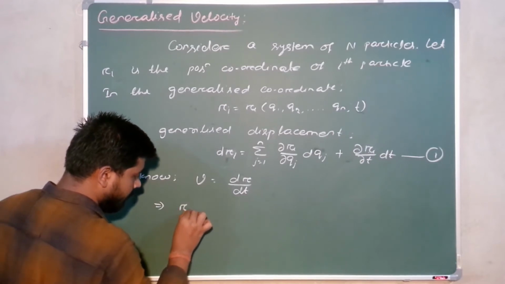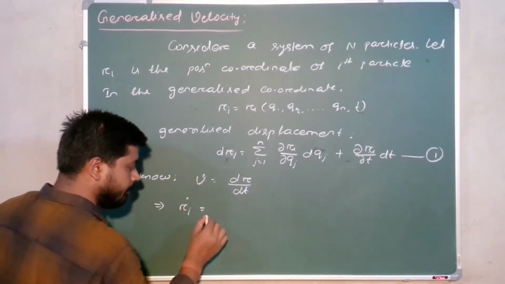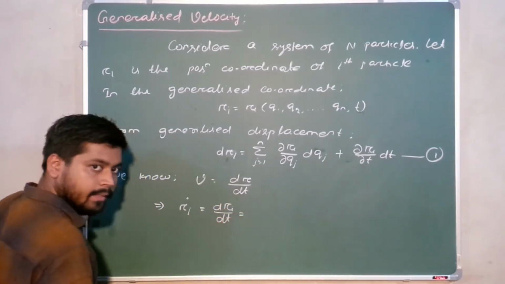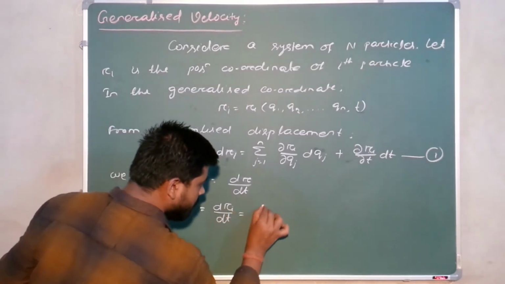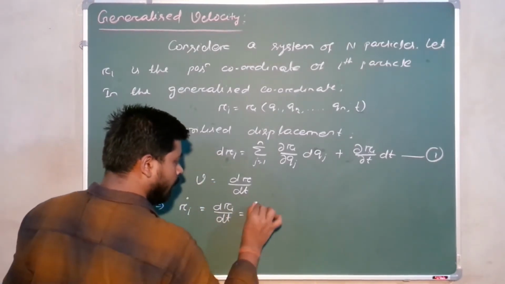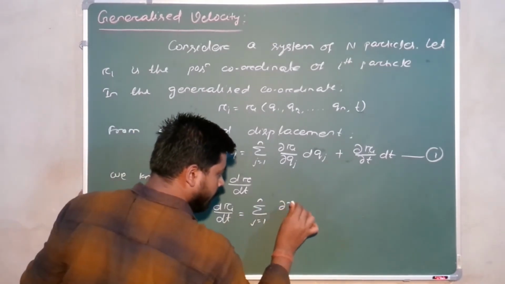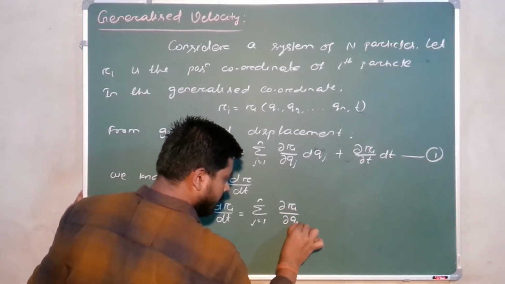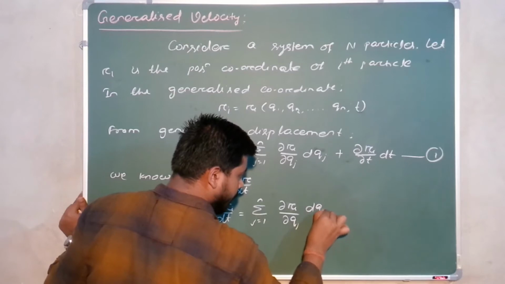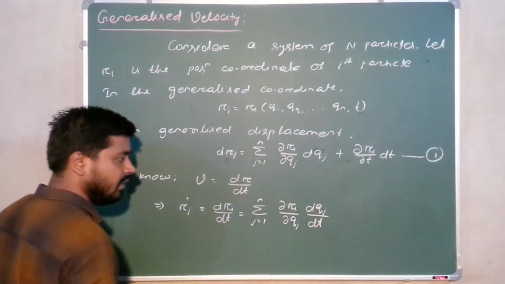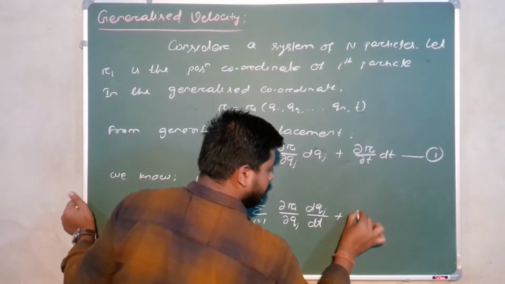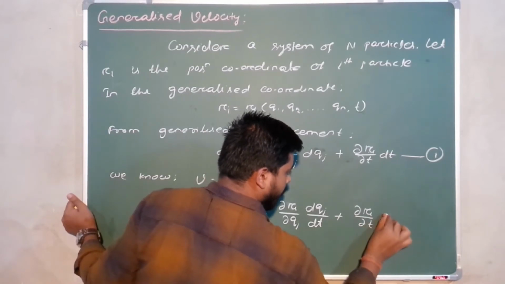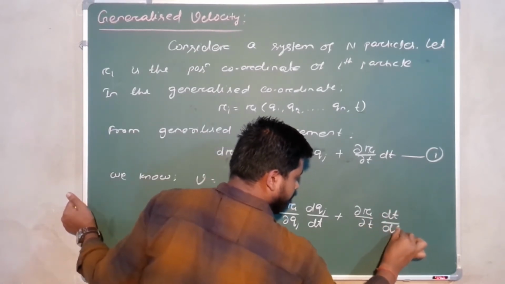We can write Ri dot equal to dRi by dt equal to summation over j equal to 1 to n of dou Ri by dou Qj times dQj by dt, plus dou Ri by dou t times dt by dt.